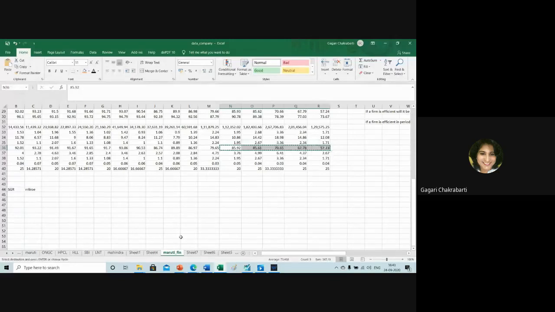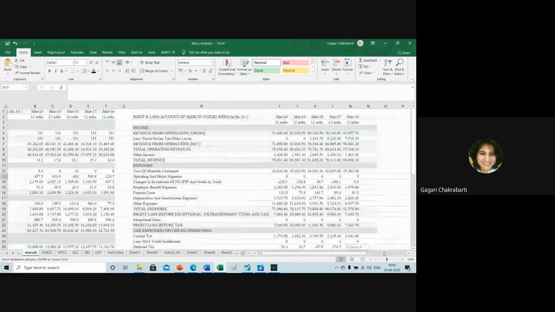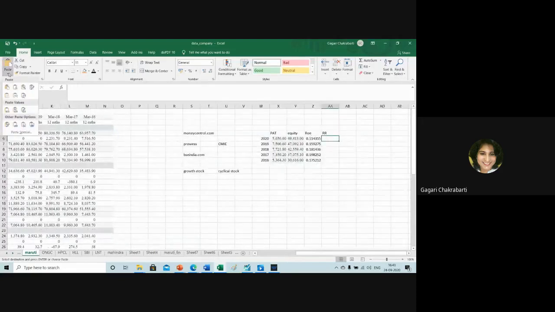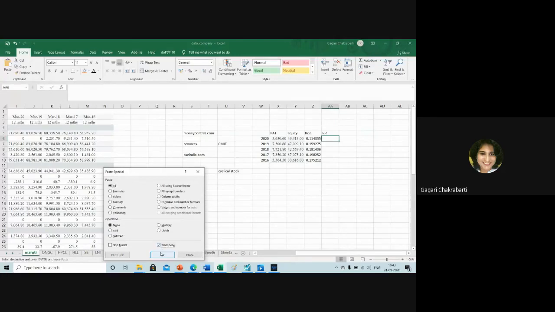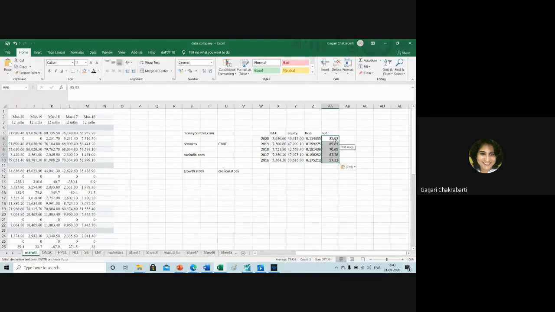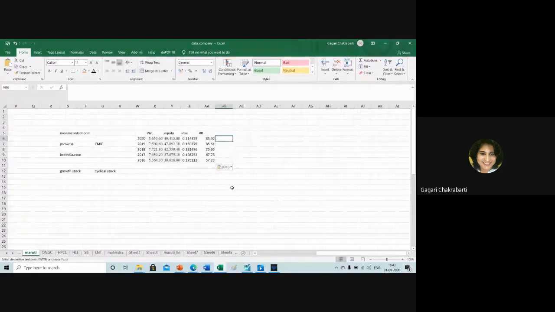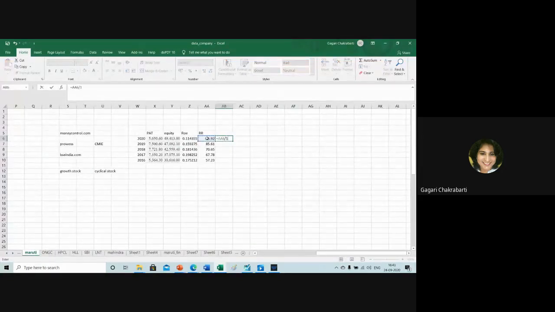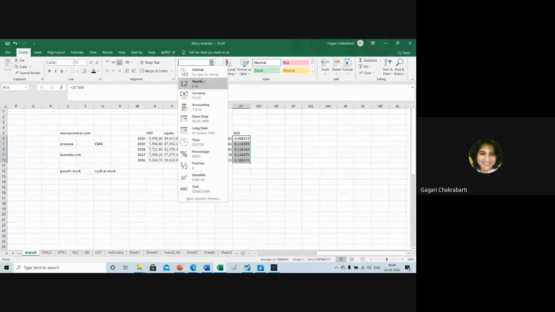Last 5. Return on equity times retention ratio. Okay, so this is my sustainable growth rate.